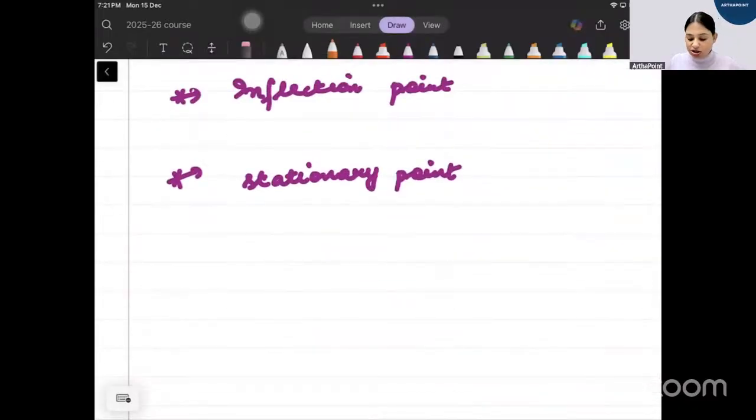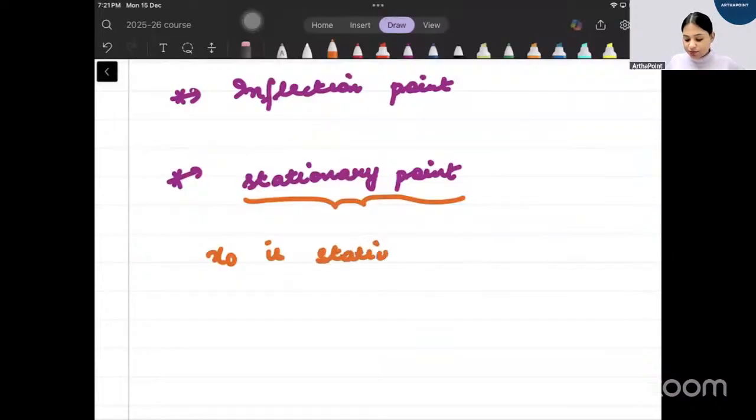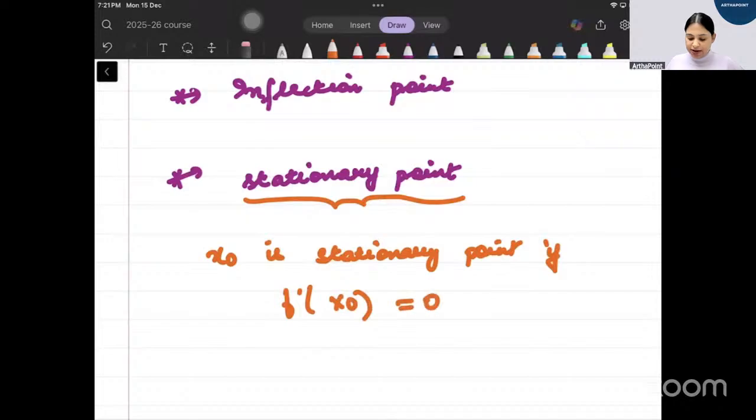Now there is something called an inflection point and something called a stationary point. जब हम stationary point के बारे में बात करते हैं, we can say x naught is a stationary point if, when I find the first order derivative of the function at that point, I get 0.